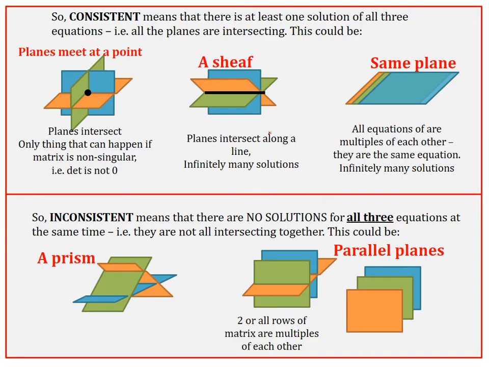So I've made this extra slide so that you've got something like a reference for the whole thing. They are consistent, which means that there is at least one solution of all three equations. This means that all the planes are intersecting, and they can intersect in three kinds of ways, and I quite like the way that they can intersect. They can intersect at just a single point.